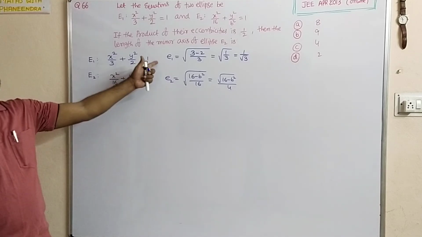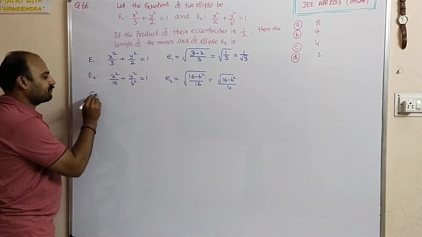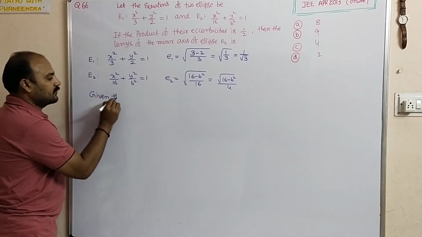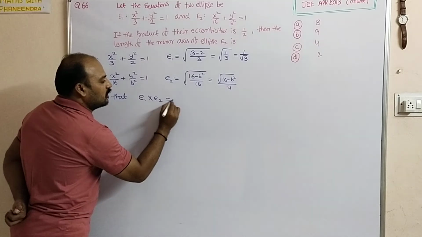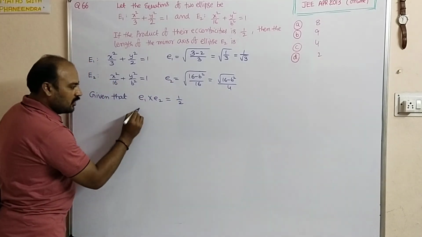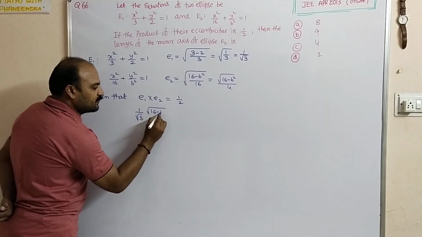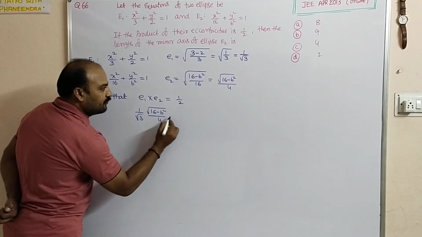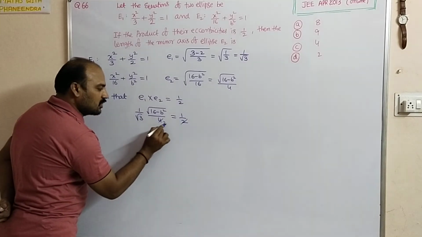The product of these two eccentricities is equal to 1 by 2, given that e1 into e2 is equal to 1 by 2. 1 by root 3 into square root of 16 minus b square divided by 4 is equal to 1 by 2. So 2 1s are 2, 2 2s are 4.